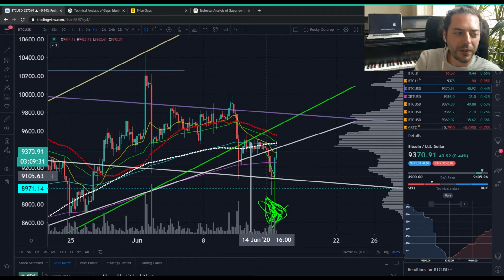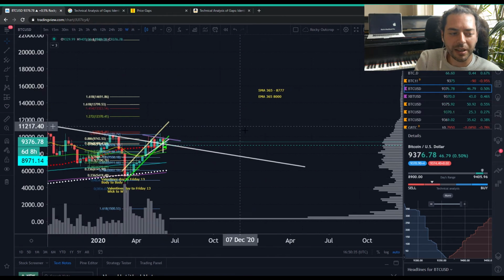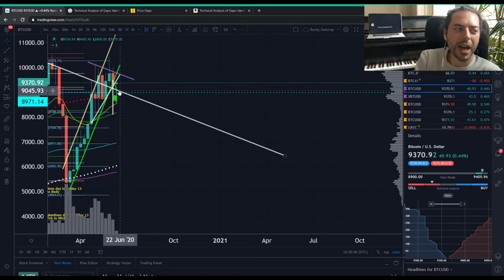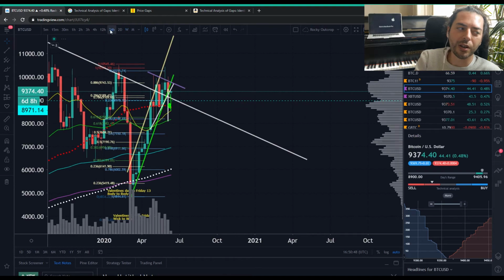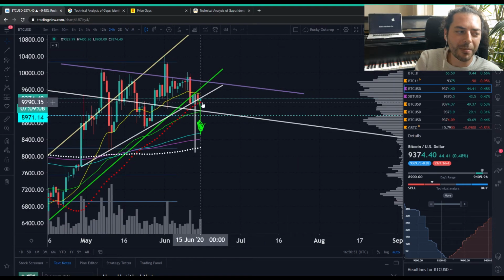Going back down to the 4-hour timeline, bearing in mind that this downward sloping white line is our weekly sloping trend line, which we broke above in terms of the smaller time frames, but haven't achieved much above in terms of proper solid price action on the weekly time frame, although we are currently above it, just in the position that it is now.